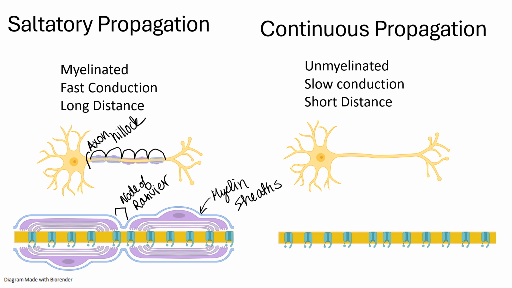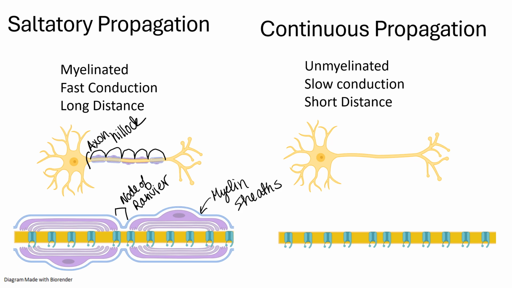By doing so, the action potential is capable of very fast conduction because it's only opening so many ion channels in the axolemma. This fast conduction, or saltatory propagation, is the preferred name for an action potential that has to move over a long distance.